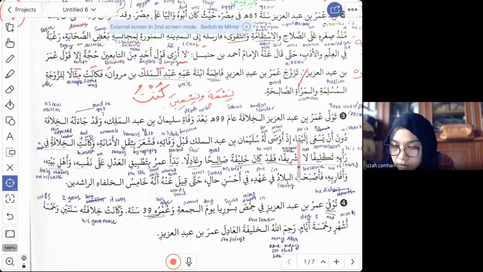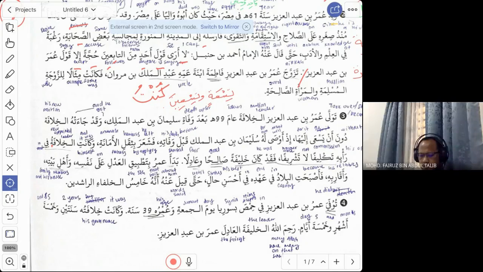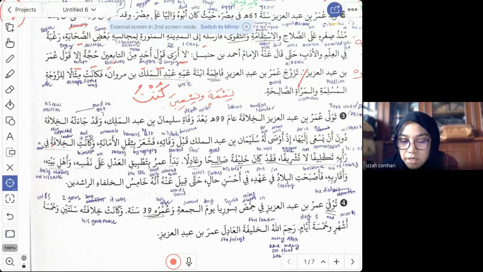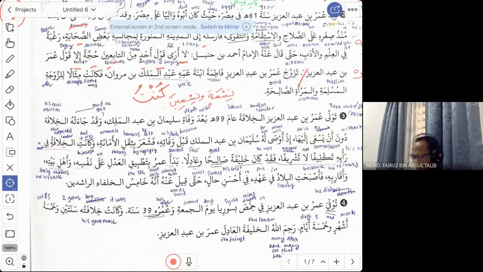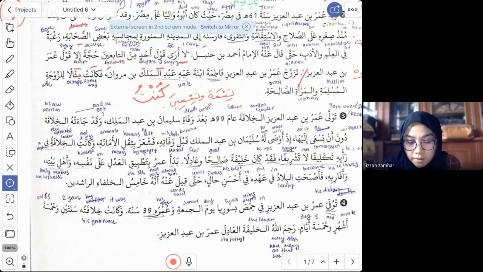So, okay. Tawalla means he started. Umar bin Abdul Aziz, al-Khulafa, Muslim leader. Ala means year. 99 Hijriyah. Ba'da, after. Wafati means death. Sulaiman bin Abdul Malik.